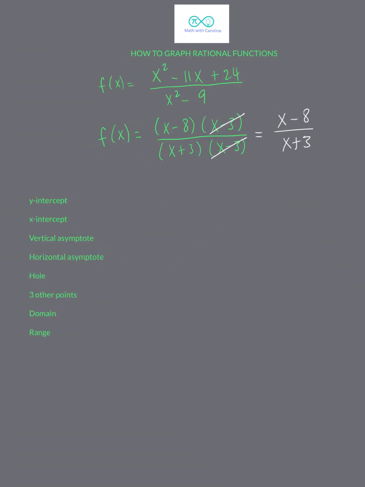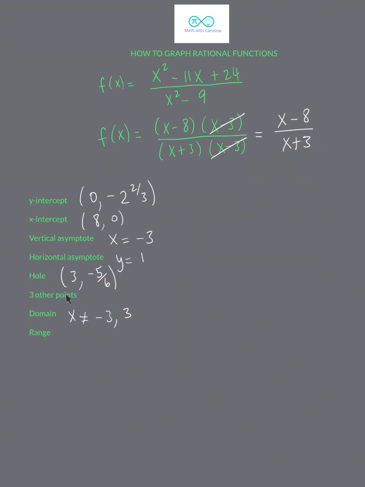So now let's go ahead and fill in here all the information that we already have. We've solved for our y-intercept, x-intercept, vertical asymptote, horizontal asymptote, our hole, and our domain. Now we need to find 3 other points.